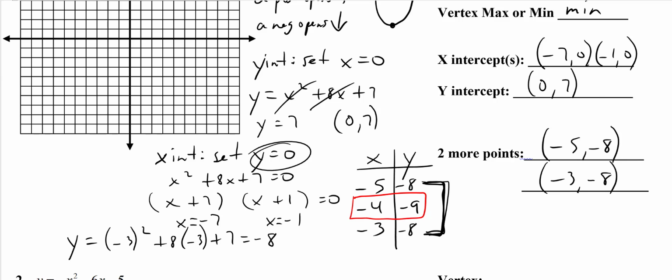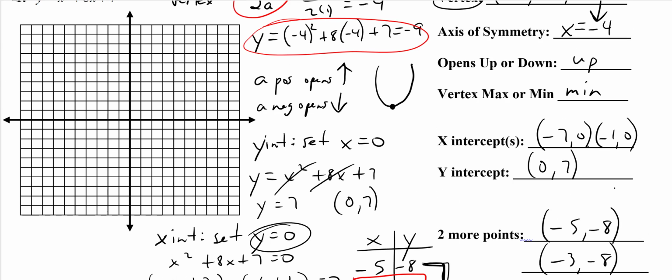Okay, so let's plot these points. The vertex is -4, -9. So -1, 2, 3, -4, -9. The x-intercepts are -7, 0, so -1, 2, 3, 4, 5, 6, 7, -7, 0, and -1, 0.